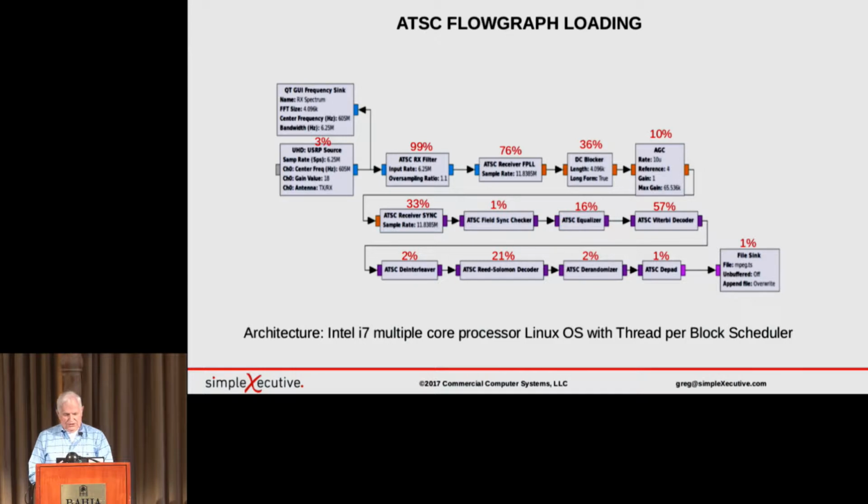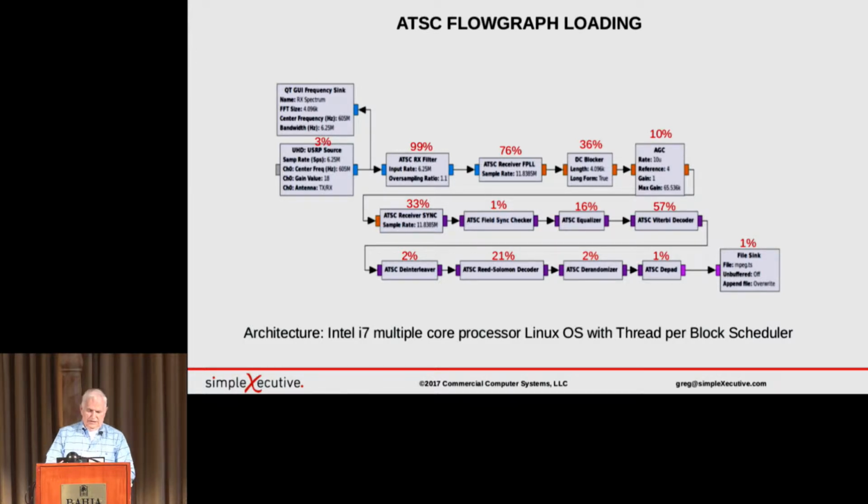Everything downstream of the RX filter is starved for data. They can process data faster than the RX filter can pass it on. So it meters all of the work that goes on. So if we want this thing to run faster, process the entire movie in fewer seconds, we have to knock down the size or make the RX filter run faster. So that's the first charge that we had.